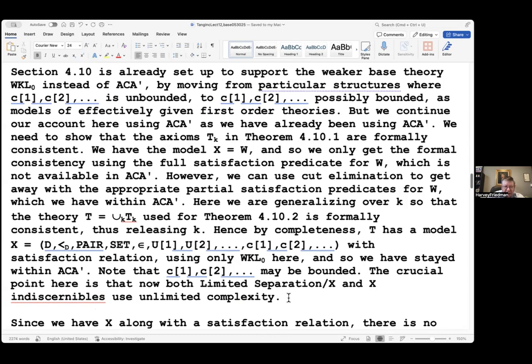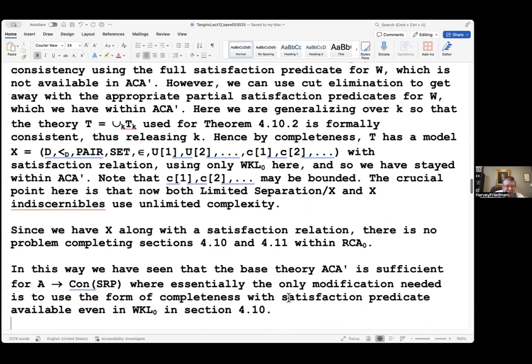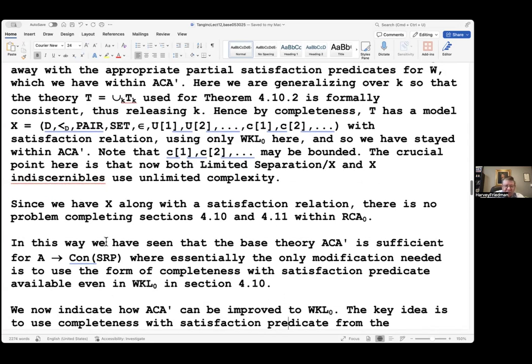In other words, we really have L of K. Now, since we have the structure X along with a satisfaction relation, there's no problem completing sections 4.10 and 4.11 within RCA naught. Because we have the satisfaction relation, there's no issue anymore.